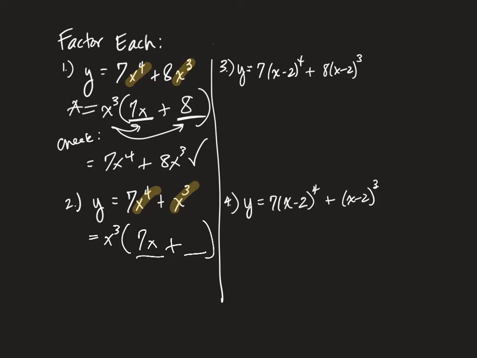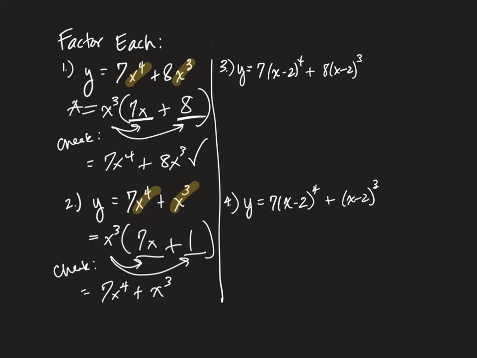Well, the only number that if I multiply it by something else doesn't change it is 1. Again, I'm going to check my work and distribute the x cubed. So 7x to the fourth, and then x cubed times 1 is my x cubed.